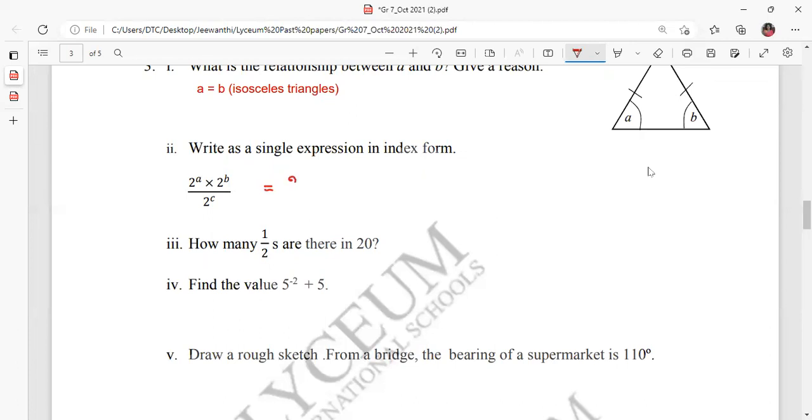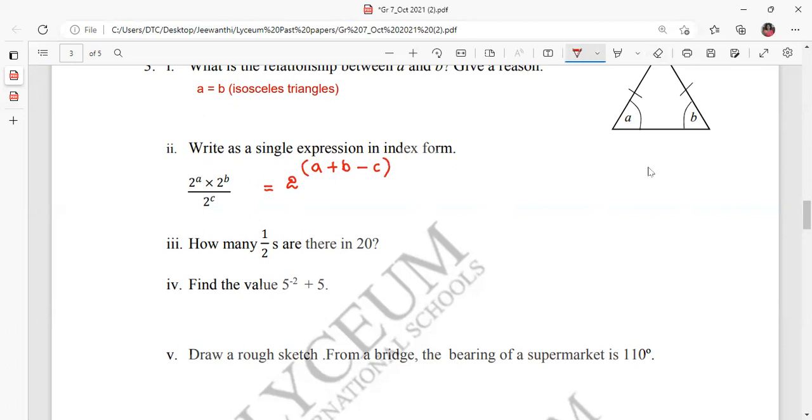You can write like this. A plus B, you can add, and C. A plus B you should add because it's a multiplication, and C you want to subtract. So then you can write it nicely inside the bracket.